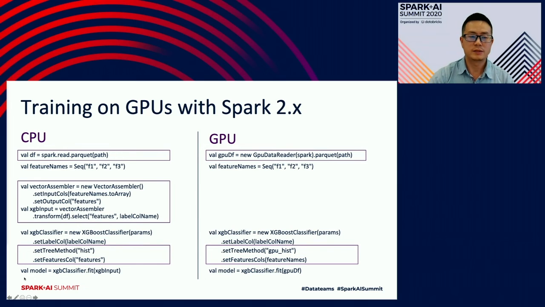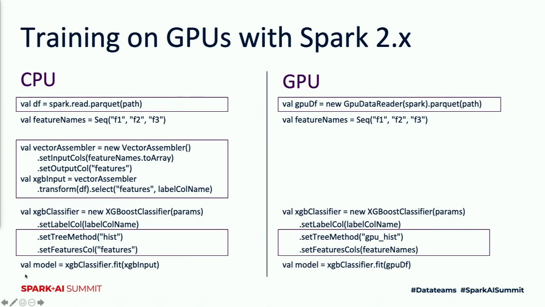And this slide is demonstrating how to train XGBoost for both CPU and GPU. The left code is for the CPU pipeline. First, we need to load the data to the data frame, and then we need to vectorize features. And finally, we fit the data frame to the XGBoost classifier or XGBoost regressor.